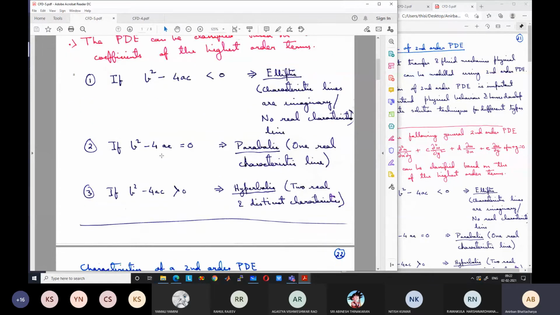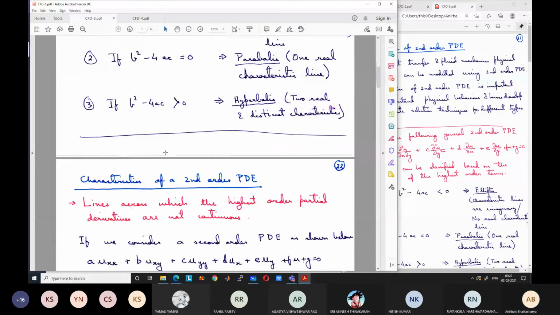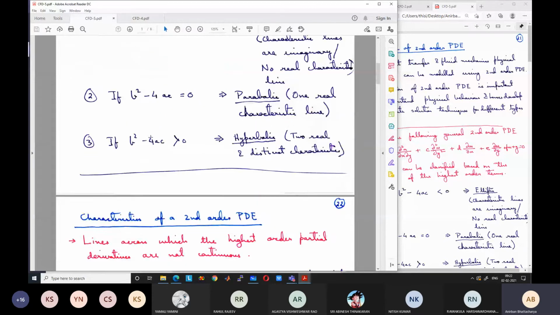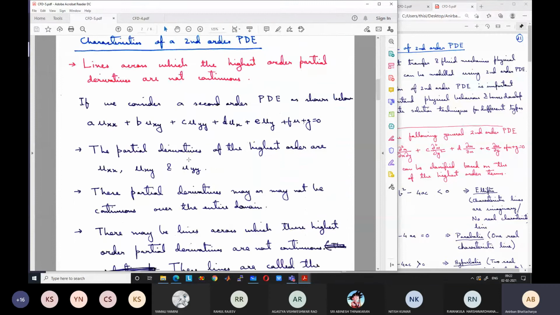So that's why this has a lot of significance, because depending on b square minus 4ac, we have a real root or an imaginary root, or a single real root or two separate real roots. We will not go into any further mathematical details of this in this course. If you are interested, you can read more, or I can supply you with more details, but otherwise we will not go into further details.